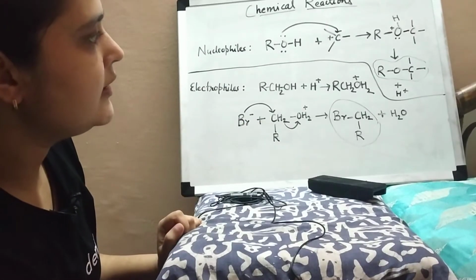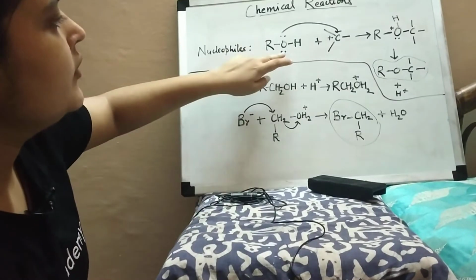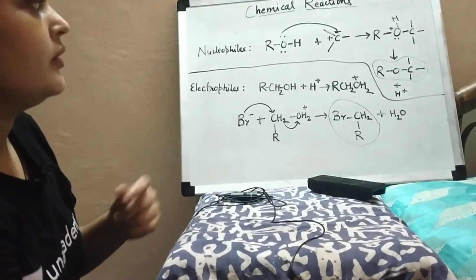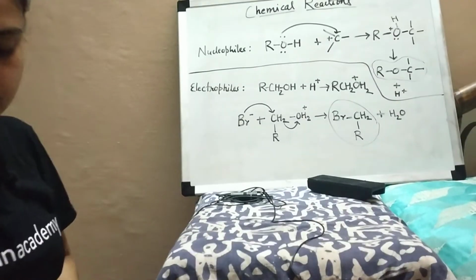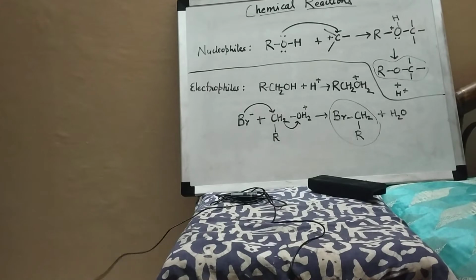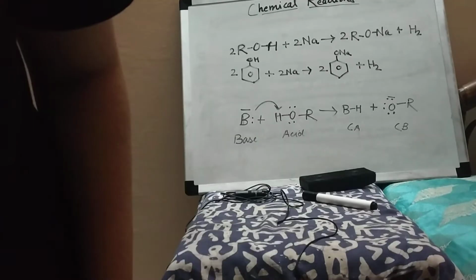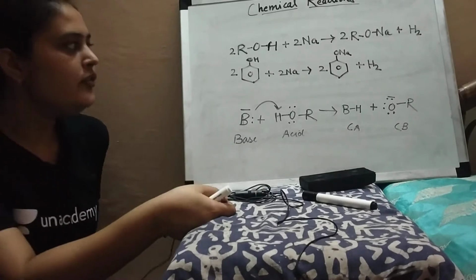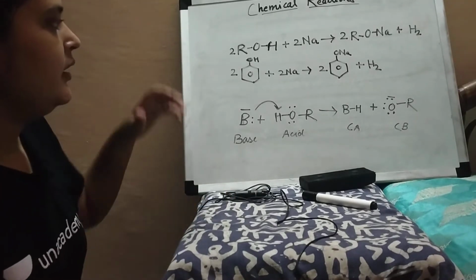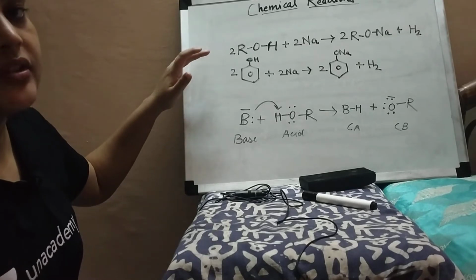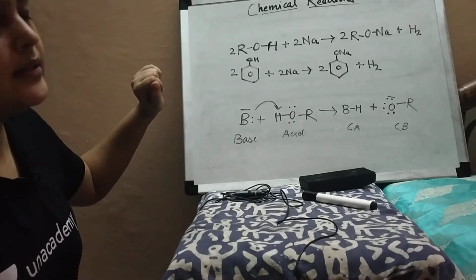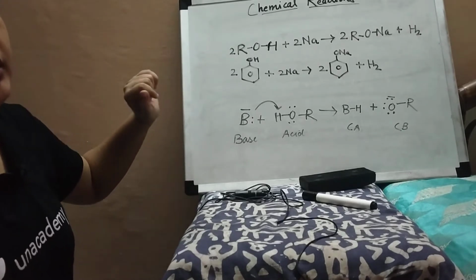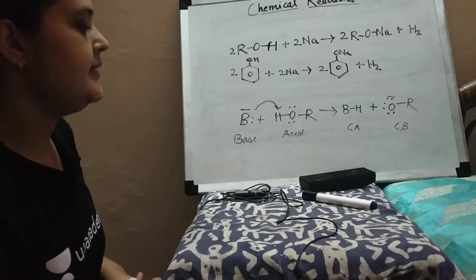Now next we will study one example of this oxygen-hydrogen bond breakage. So let us see next. We are studying the reaction of alcohol or phenol with metal, and in this case we will see the breakage of the oxygen-hydrogen bond.